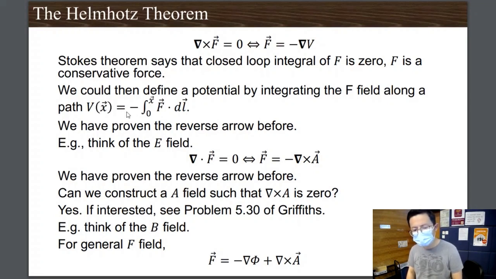Here there is a negative sign because of convention. If you plug in this expression of V, you can find that this identity holds. And now this is one part of the Helmholtz theorem.